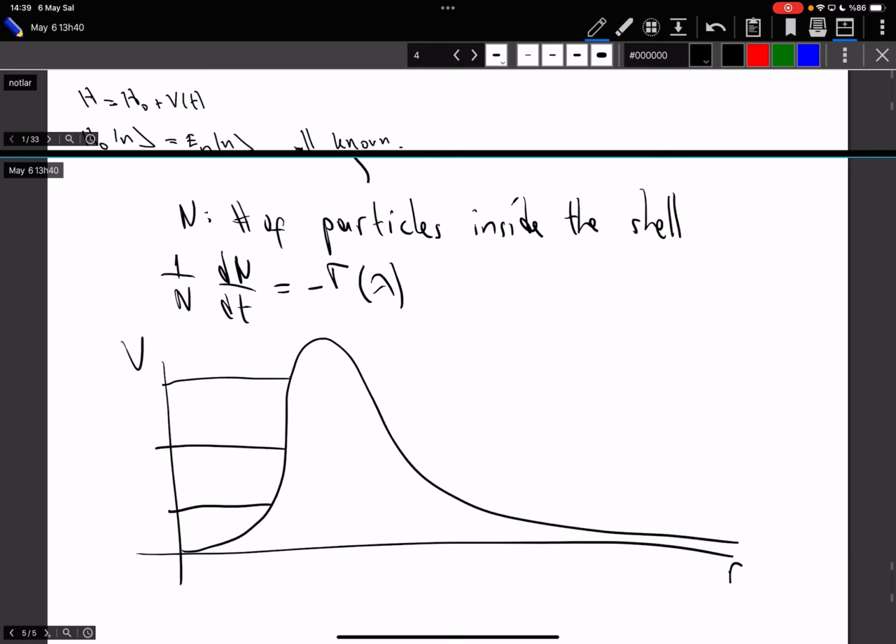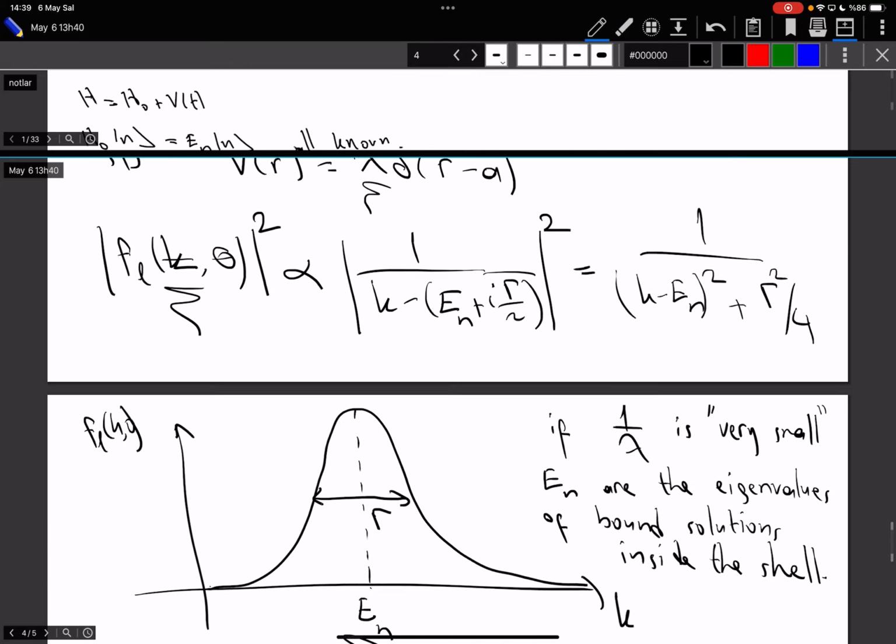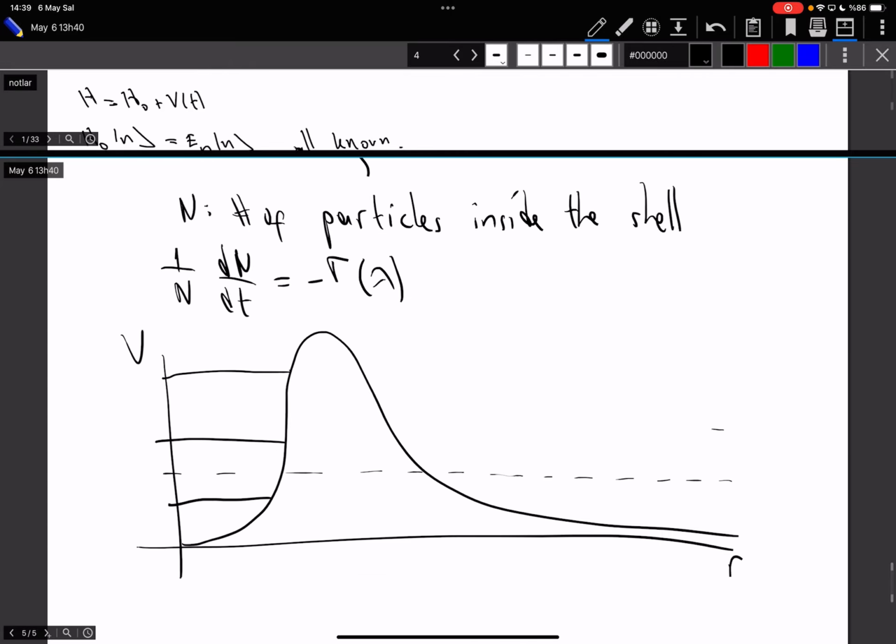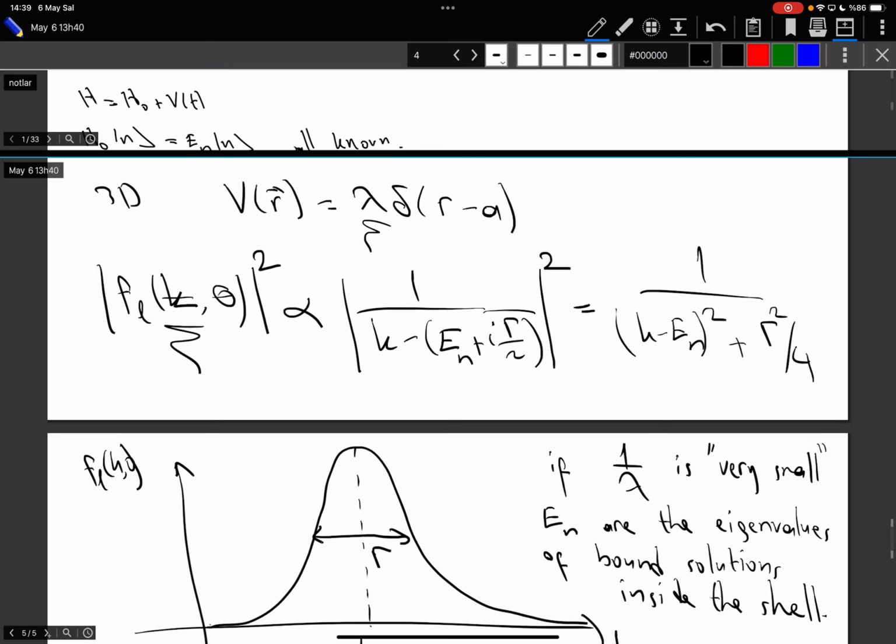Let's say this is your scattered particle. In this case, that particle cannot really penetrate in, there's no corresponding state inside the shell, so there won't be anything interesting there. But if the energy of your incoming particle matches one of these energy eigenstates, you get this enhanced behavior. You can think of it as your wave being kind of trapped within the shell if its wavelength matches the wavelength of a bound state.